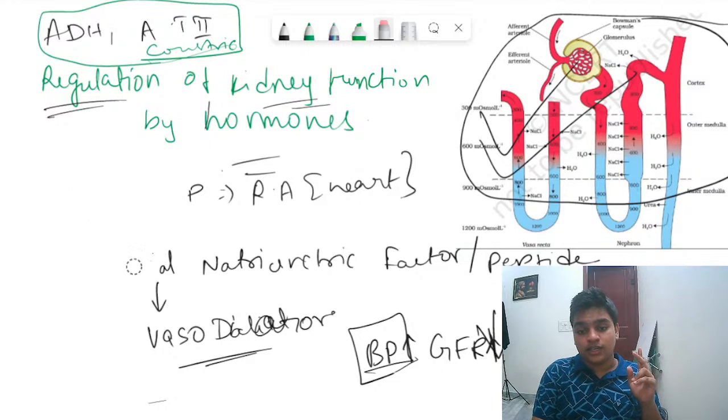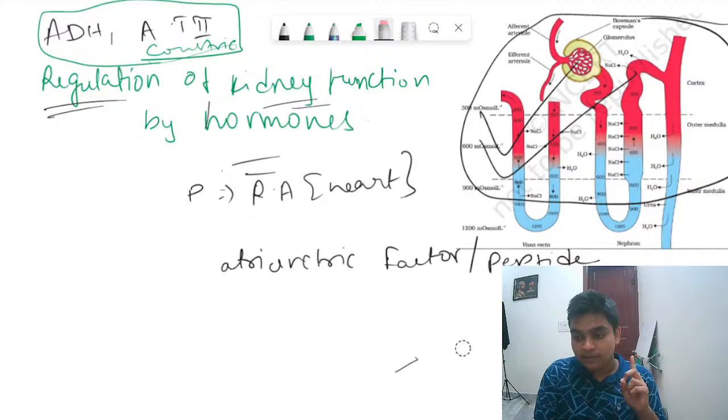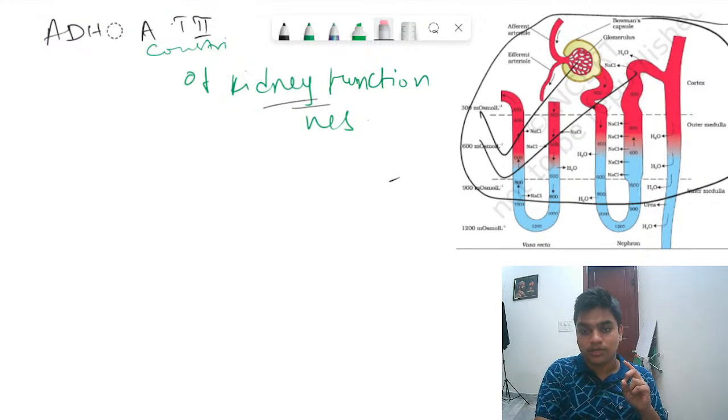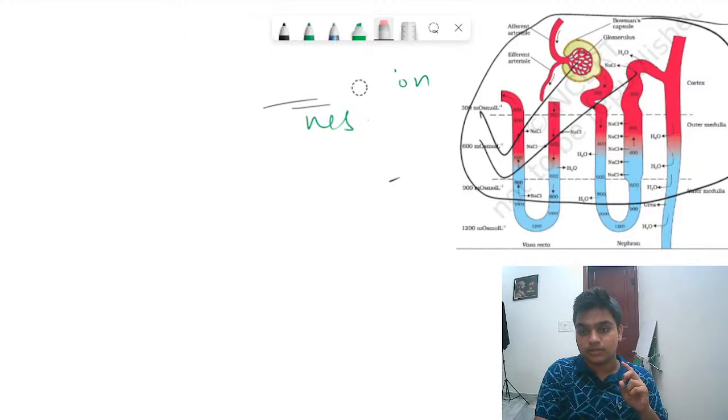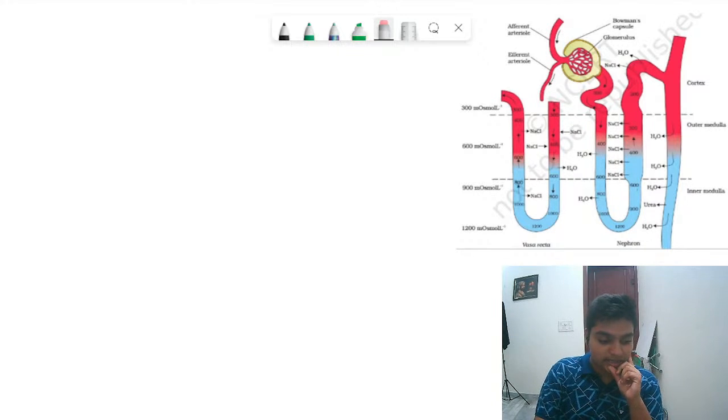Now we have the last two subtopics. One is disorders, and the other is the role of other organs.